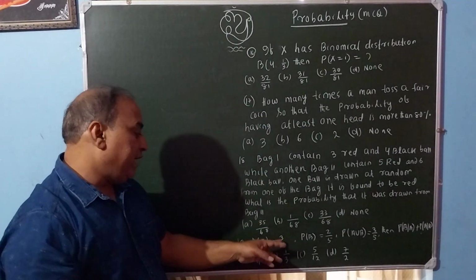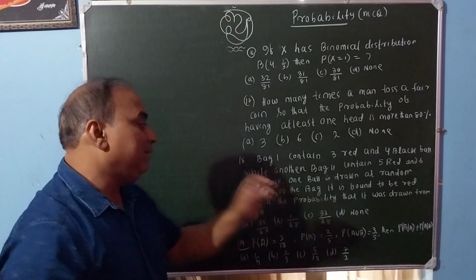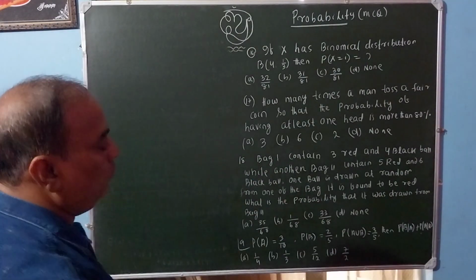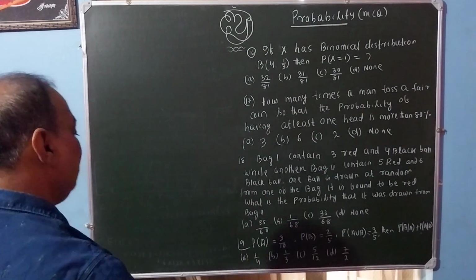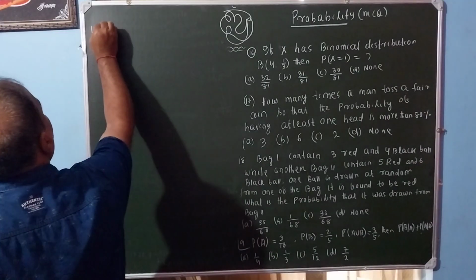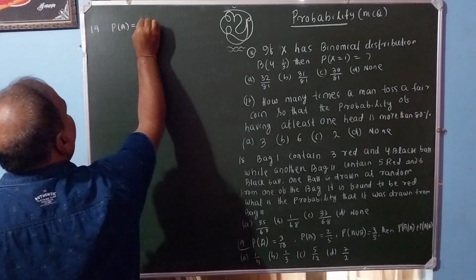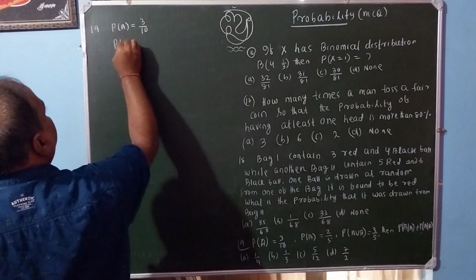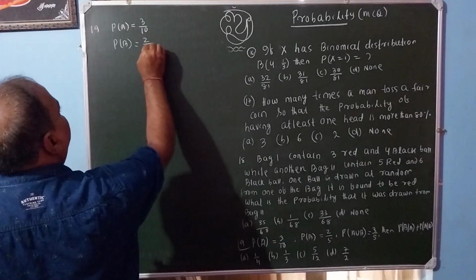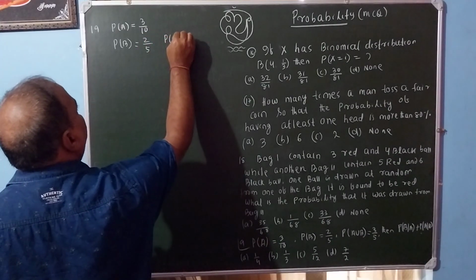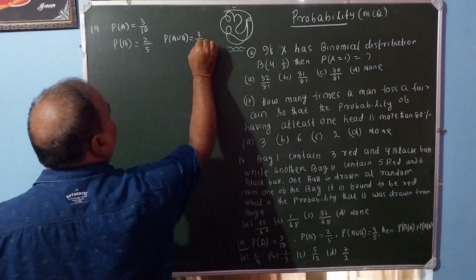If probability of A is 3 by 10, probability of B is 2 by 5, probability of A union B is 3 by 5, then what is the value of probability of B given A plus probability of A given B? Probability of A is given as 3 by 10, probability of B is 2 by 5, and probability of A union B is 3 by 5.